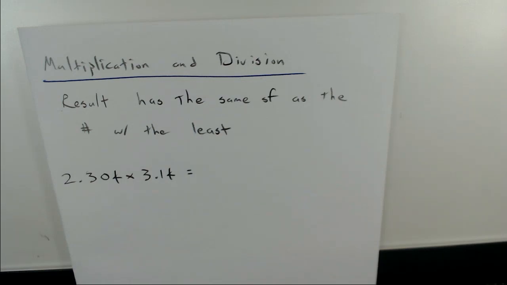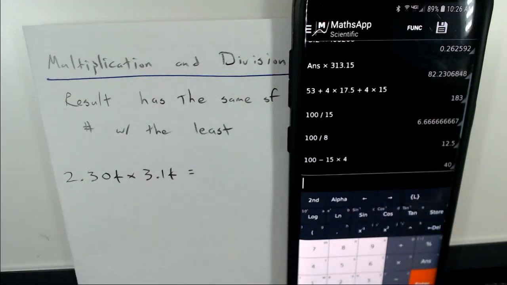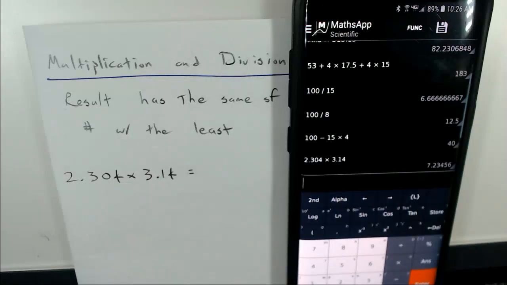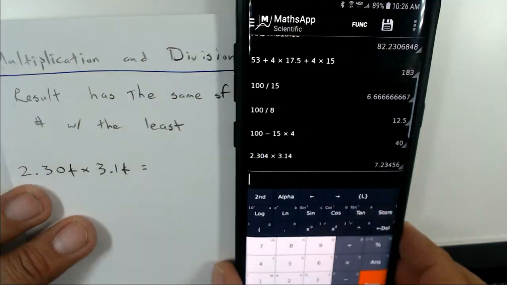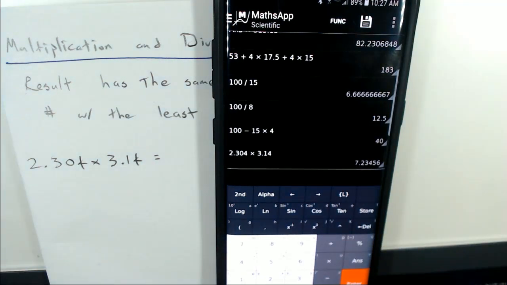All right, so I'm going to break out my scientific calculator. So here we have 2.304 times 3.14. What I like to do typically is just do the calculation normally. So we have 3.234, blah, blah, blah. But before I write it down on my paper, I want to follow my sig fig rules.